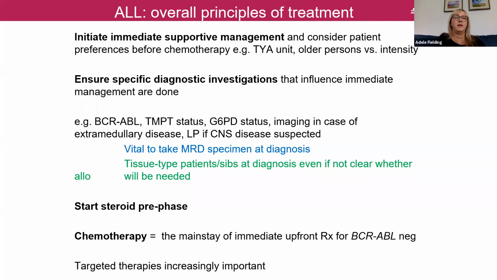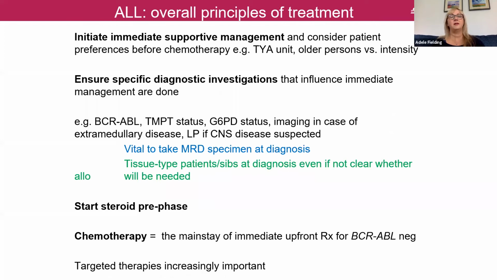In adults with ALL, I'm sure you're aware that approximately 25 to 30% will have the so-called Philadelphia chromosome, or the translocation between BCR and ABL, which is essentially a bit of chromosomes 9 and 22 breaking off and sticking to each other in an incorrect way. This generates a very specific subset of ALL that requires specific treatment, because we already have a targeted treatment that can work for such patients.